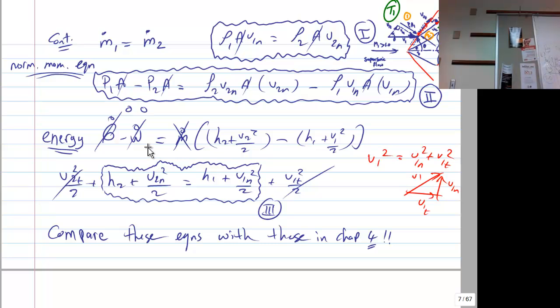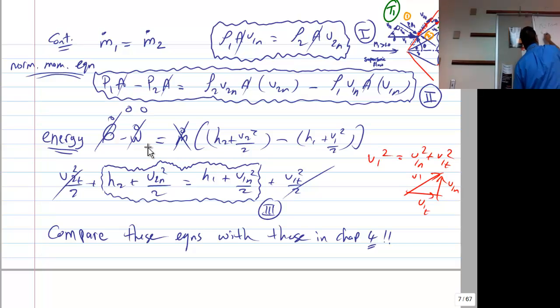So in order to solve this problem for those numbers, M1 is 2 and theta is whatever, to calculate M2 normal I need first to find out which row I am in, right? So M1 normal would be M1 sine theta. Why is that?